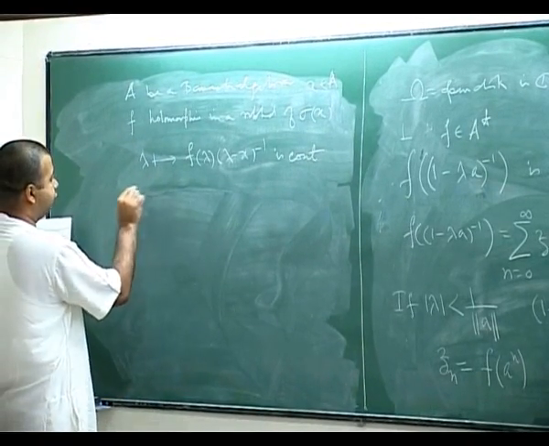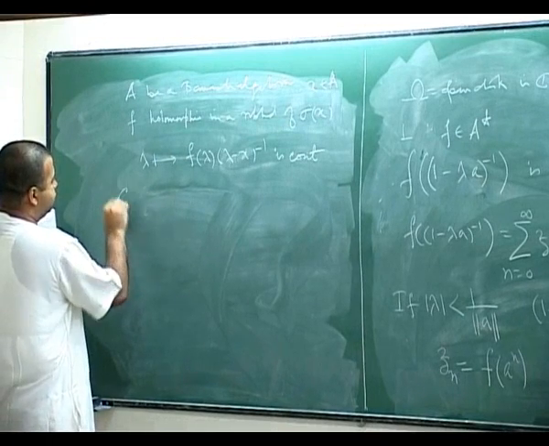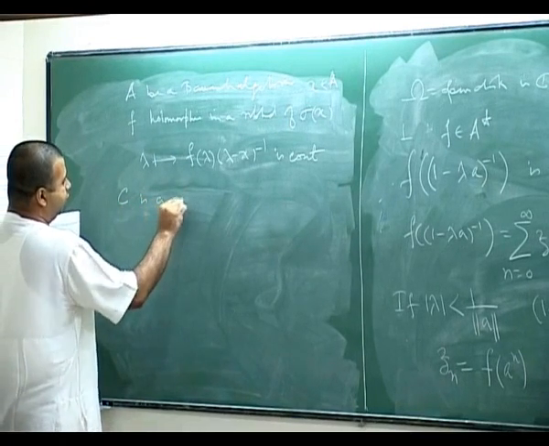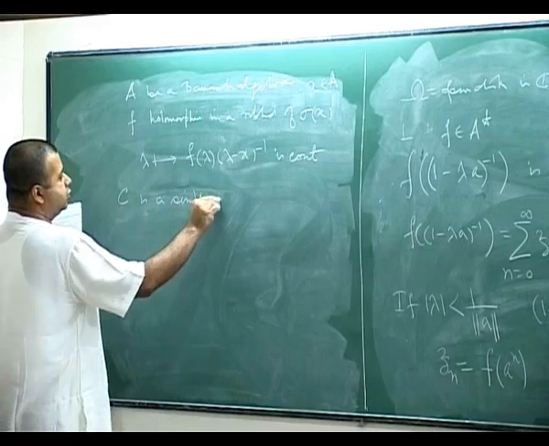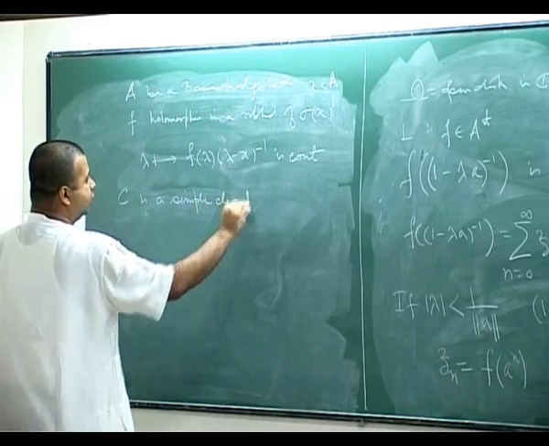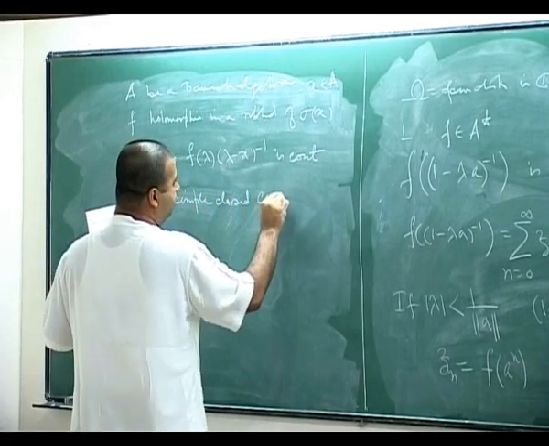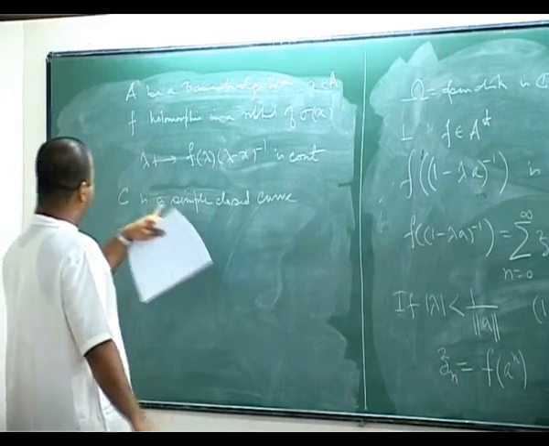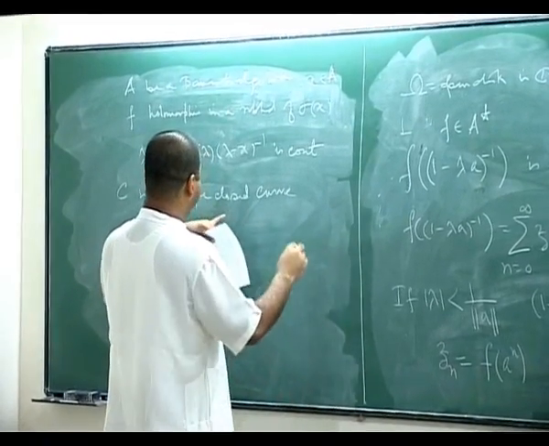So, we can talk of, and C is a simple closed curve. I will explain this verbally, but I would define it mathematically.